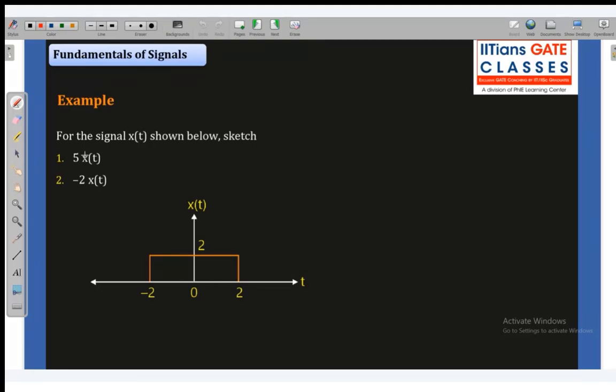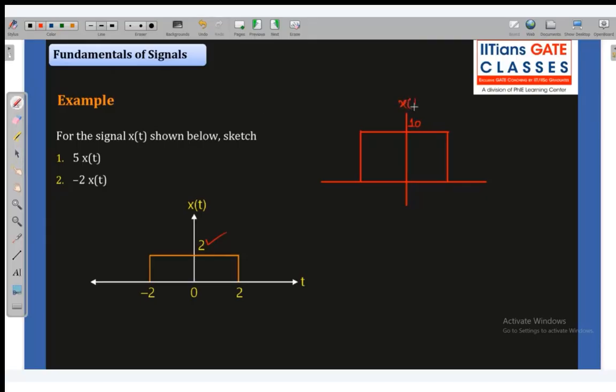So now you have to amplitude scale by a factor of 5. As we see, only the amplitude gets multiplied. What was the amplitude previously? It is 2. Now you are multiplying it by 5, so the amplitude will become 10.